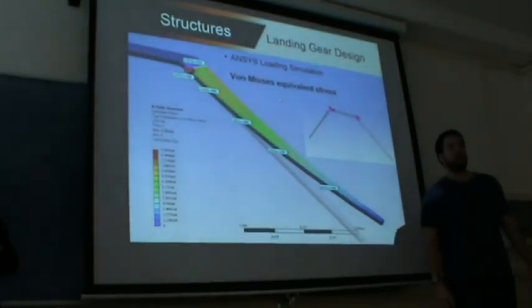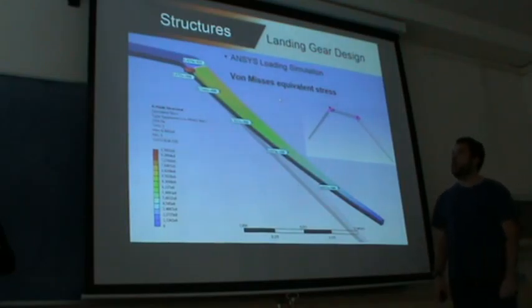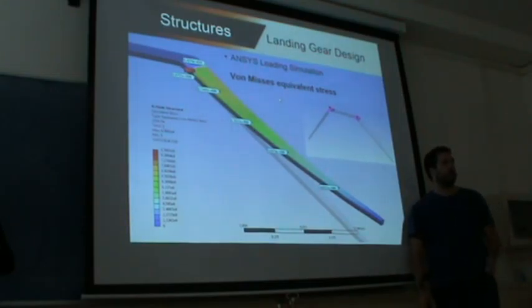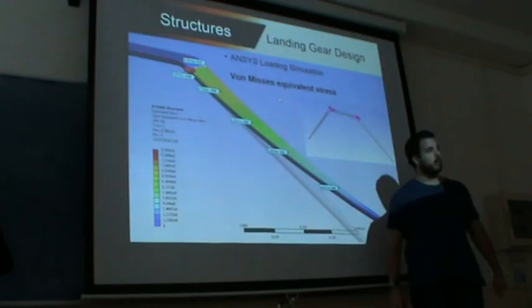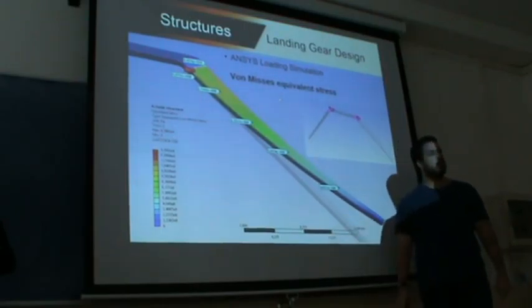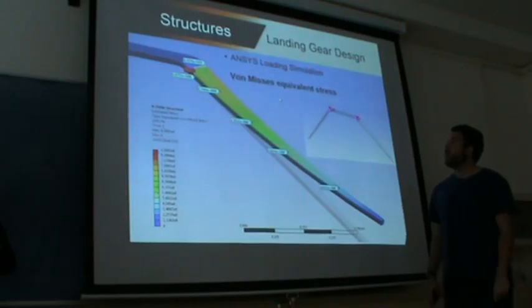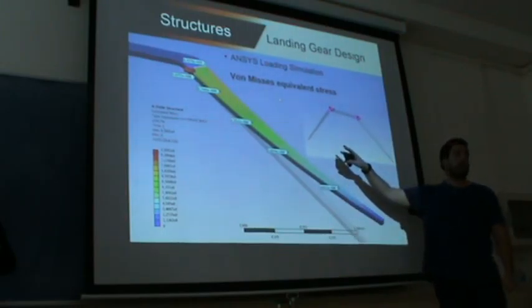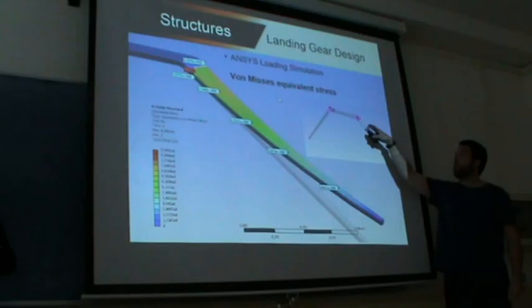And well, apart from analytically calculating the forces and the equations, we've done some simulations with ANSYS, and here we can find the von Mises equivalent stress for these given fixations.